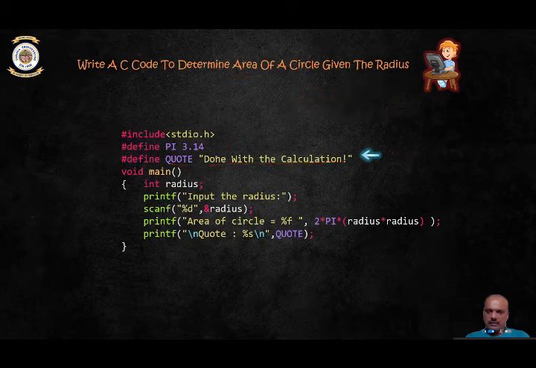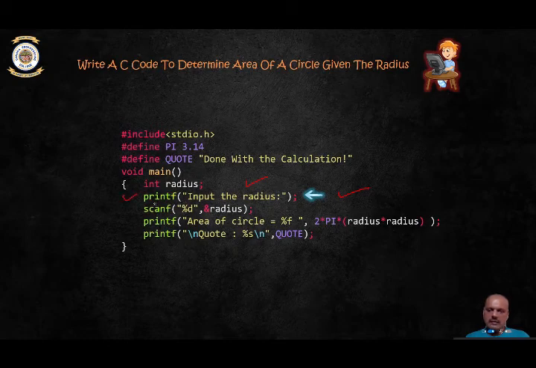Coming to the main function, I have defined a variable radius of type integer to store the radius value given by the user. Then a message gets printed out using this line, asking the user to input the radius.